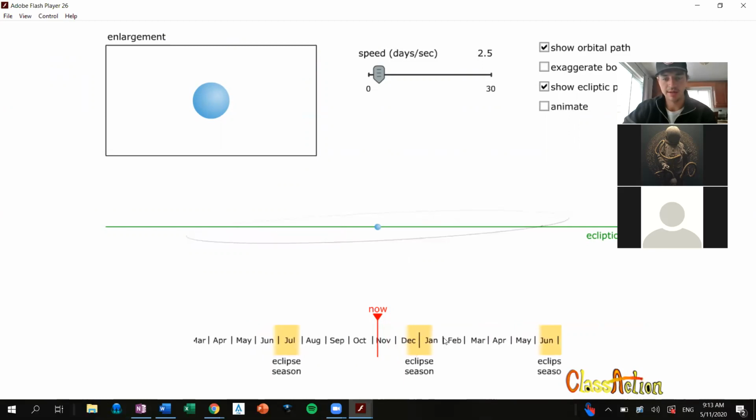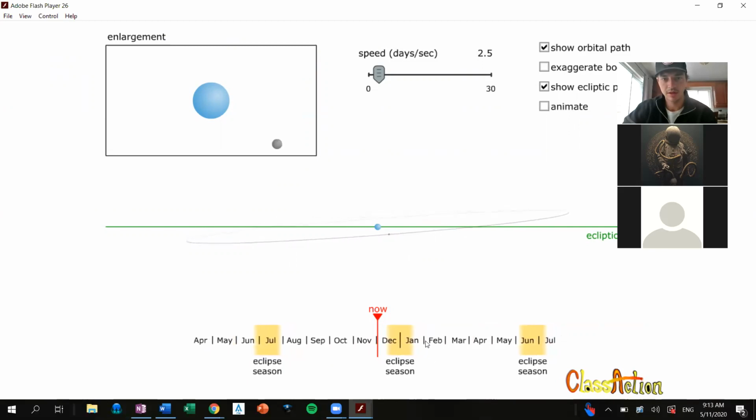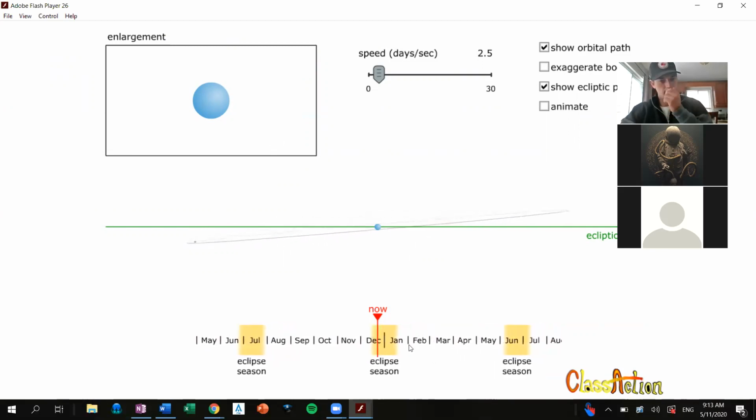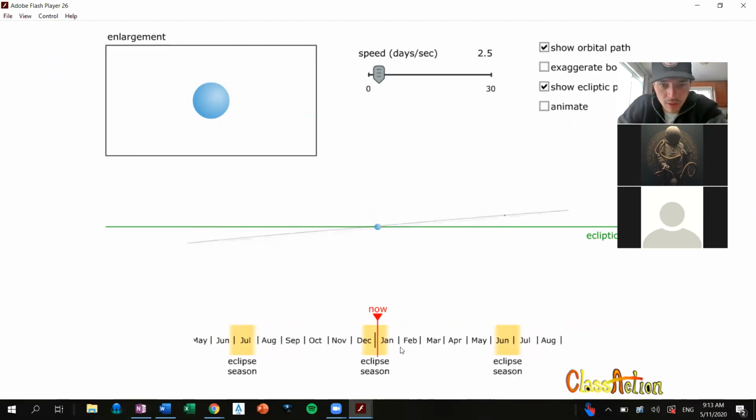So as it crosses the ecliptic, when it comes into view here, you get what is called an ecliptic season. So there it is there.